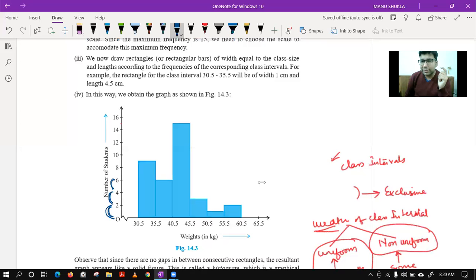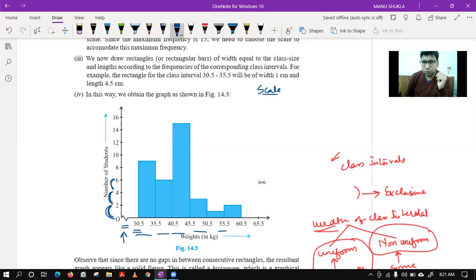But on x-axis, because they had to start from 30.5, they have used a kink. I hope this point is clear. So you can see, after this all intervals are same, but only in the starting intervals are not same. That's why they have taken the kink. So you can mention the scale on the right hand side as we do normally.